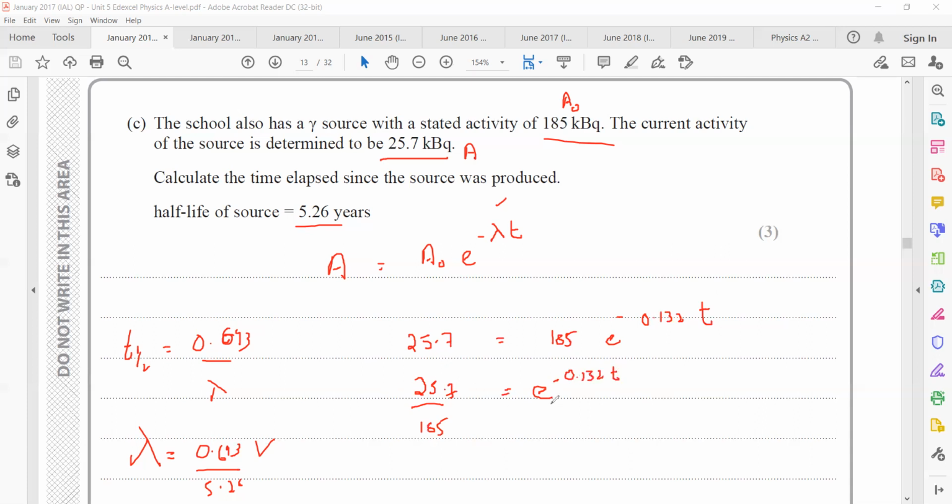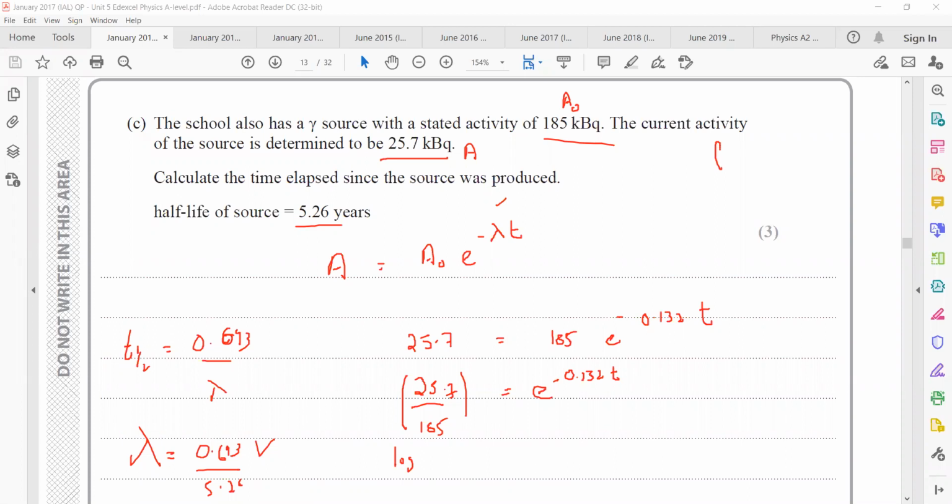Now to remove this e, we take a log, because log and anti-log are like anti-functions of each other. So we'll take the log with base e, you can also say ln.